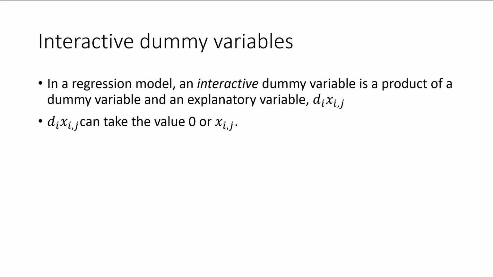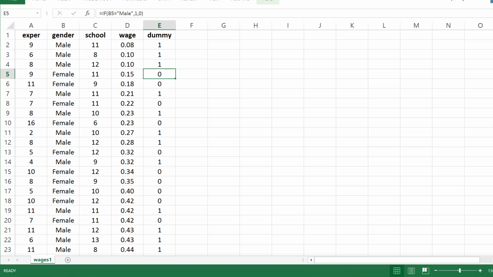Here's an example. We have experience, gender, school, number of years in school, and wage for a number of individuals. And we have turned gender into a dummy variable by coding male as 1 and female as 0.